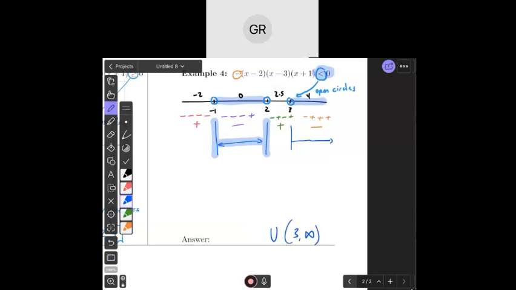I would put negative infinity, negative 6. Where are you getting 6 from? I plugged in the 0 for x. Okay, not what we want to do. The whole point of plugging in the number, Grant, is to find out the sign of it.